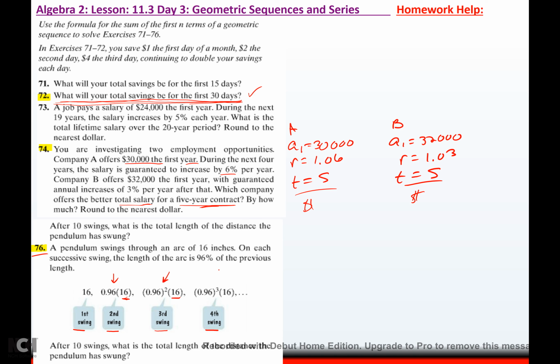Your fourth swing is going to be 3 copies of the common ratio times the initial. So if I want the 10th swing, it's going to be 9 copies of the common ratio times 16, and then you type that in, 0.96 caret 9, enter, times 16, and you would get the 10th term is 11.0805439.